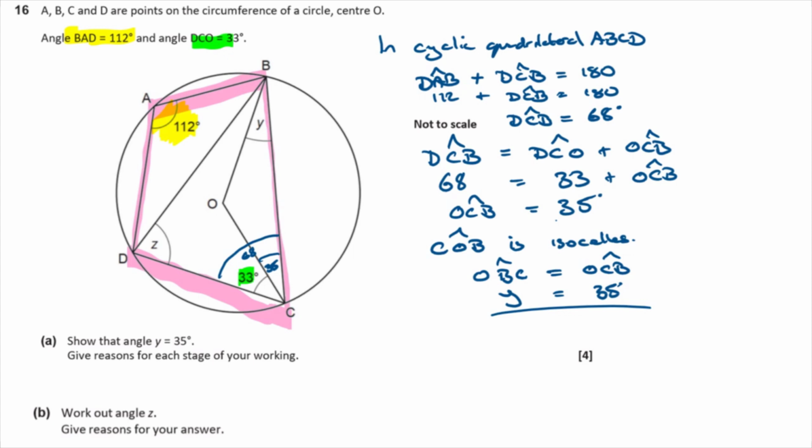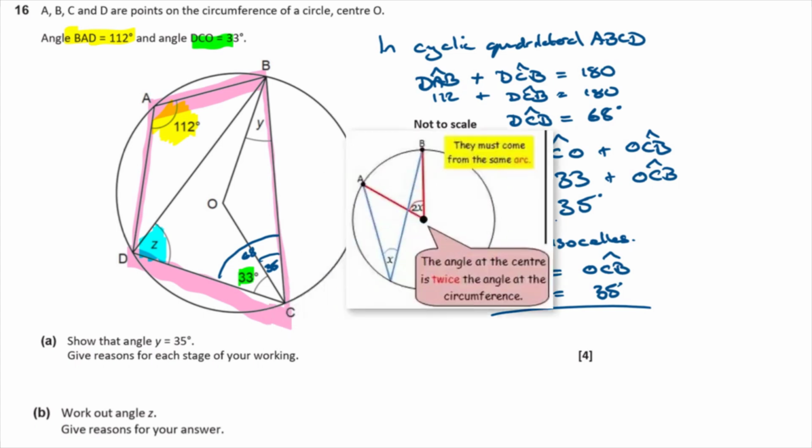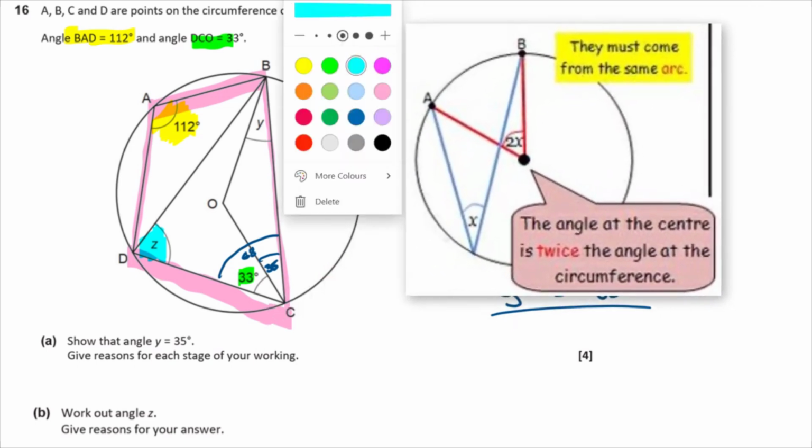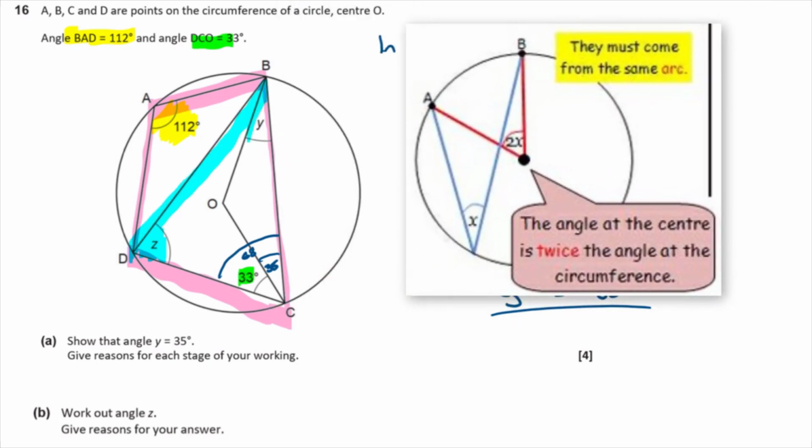Next step, I need to work out angle Z. Where's Z? Okay, Z is over here. I want to find this one next. How can I do that? Again, I'm trying to look for simpler shapes within my complex looking diagram. And I can see that Z is at the tip of one of these shapes here.